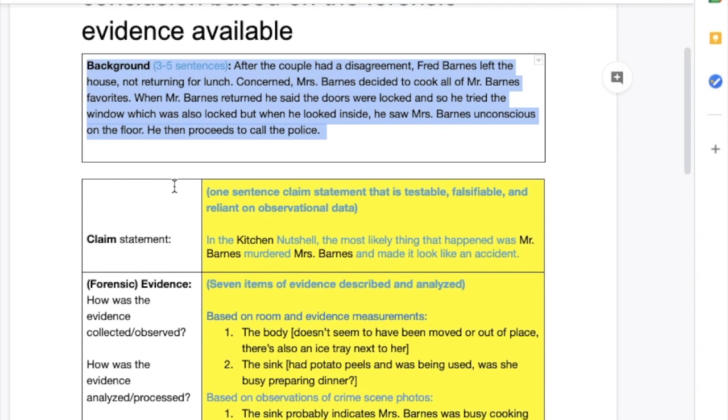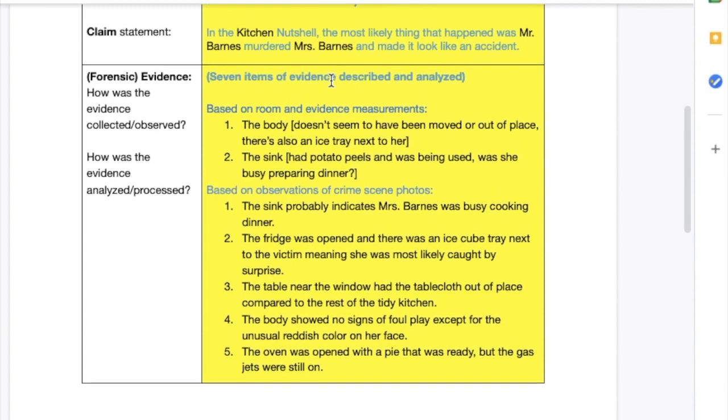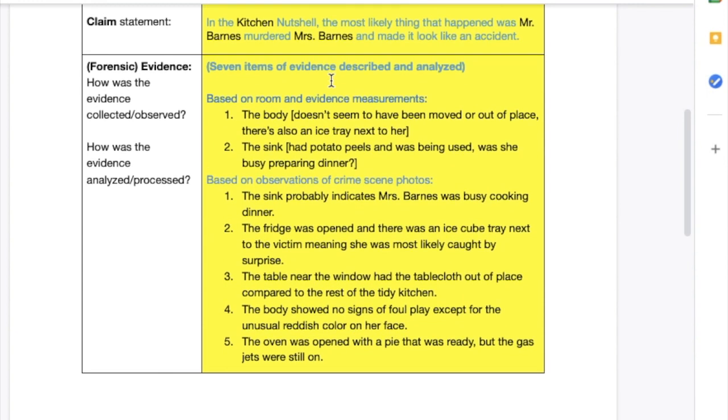When Mr. Barnes returned, he said the doors were locked, and so he tried the window, which was also locked, but when he looked inside, he saw Mrs. Barnes unconscious on the floor. He then proceeded to call the police. Now, this is not evidence per se, but this is what we had to go on. These were our leads. In the end, after our investigation, I concluded that in the kitchen nutshell, the most likely thing that happened was Mr. Barnes murdered Mrs. Barnes and made it look like an accident.